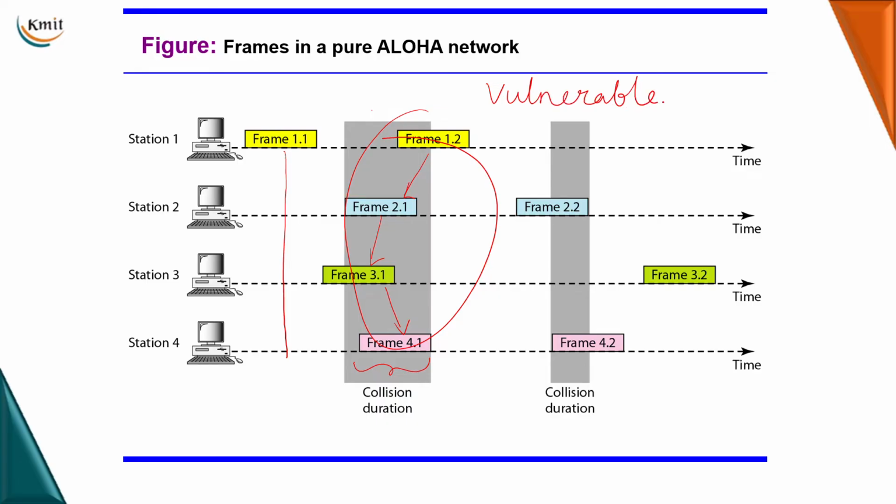Vulnerable means easily attackable. It is a time where the frames are colliding, easily being attacked. So this is called the vulnerable time, where more collisions are taking place. Likewise, here you can see at this particular time, the second frame from station 2 and the second frame from station 4 are colliding, and both frames get corrupted or lost. So whenever a station is sending a frame and it is not getting acknowledged, it means there might be a collision and it will go for a retransmission, automatic repeat request, what we have learned.